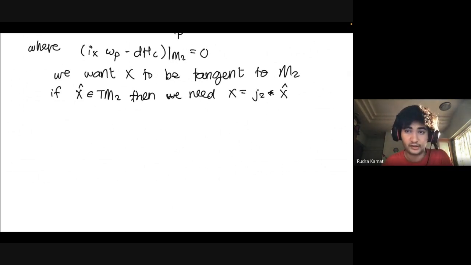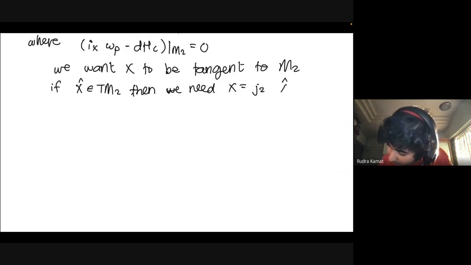That means all of X is just coming out of some vectors from the tangent space of M2, which means some vectors which are tangent to M2. If X is purely coming out of something like that, then we can rest our case and there'll be no more problems.